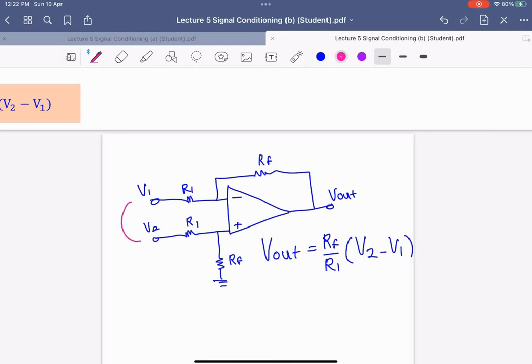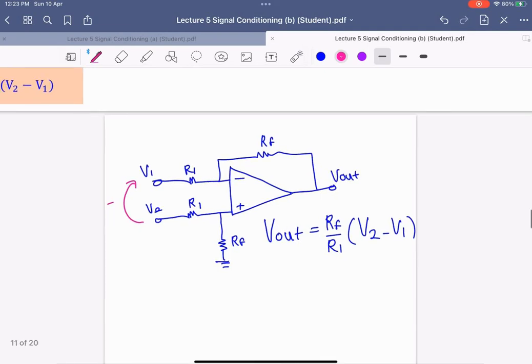So RF over R1 is the gain. You can find the difference between the two inputs V1 and V2, and at the same time you can also amplify it. That's the advantage of using the differential.